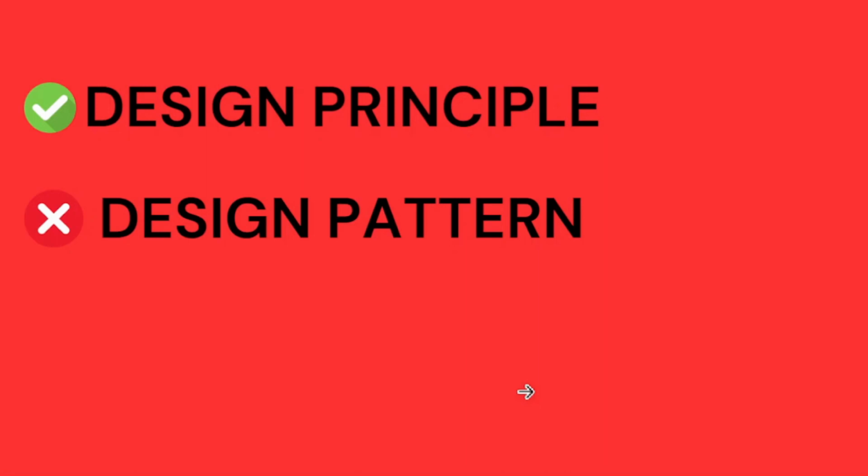So what exactly is the difference between a design principle and a design pattern? Design principles provide high-level guidelines to design better software applications, whereas a design pattern provides low-level solutions related to implementations. I can say that a design principle is more of a theoretical side of things, which provides you guidelines on how to find a solution to a certain problem, whereas a design pattern goes towards a lower level and implements that solution.